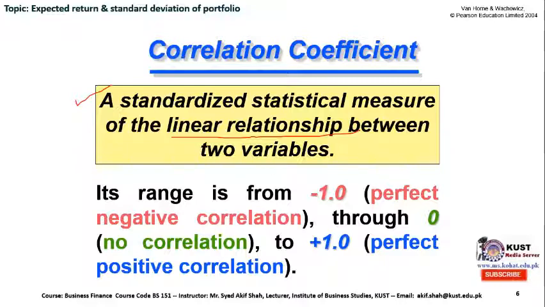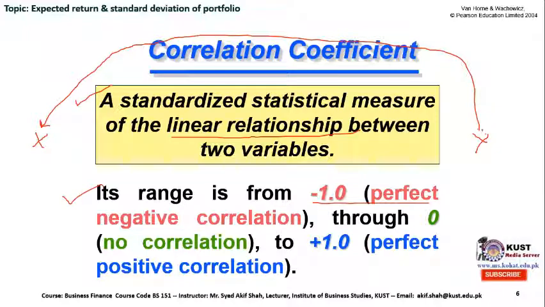Basically, its range is from -1, which is perfect negative correlation. Let's suppose there are two variables, one is variable x, another one is variable y. If the correlation between x and y has been found as -1, then we can say that there is a perfect negative correlation between stock x and stock y, or rather we have used the letter J and letter K to refer to the stocks we have selected.